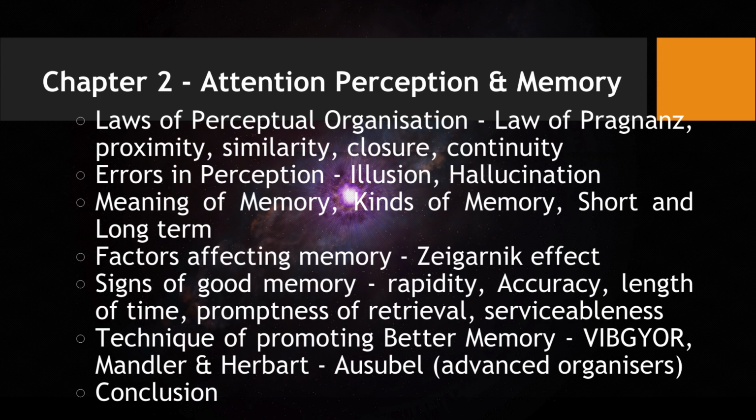So the kinds of memory are incidental or intentional, vivid or indistinct, observational or rote, and short-term and long-term. A casual remembrance is called incidental. Full attention, rehearsal, categorizing, and finding relations and associations is intentional memory.